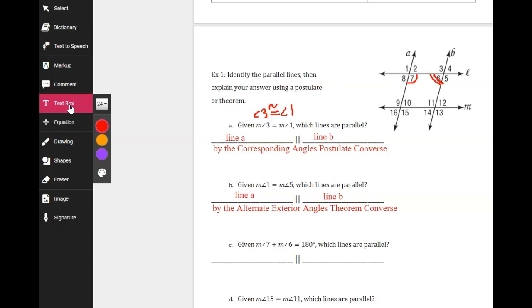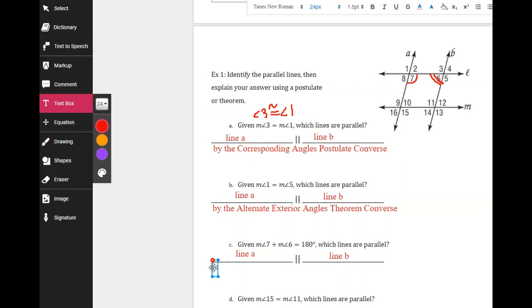They are supplementary. So if those two angles are supplementary, look at the lines that are creating them. We have line L again. Line A and line B are also creating them, so that means L is the transversal. Line A must be parallel to line B. And let's talk about why. So look at that angle pair.